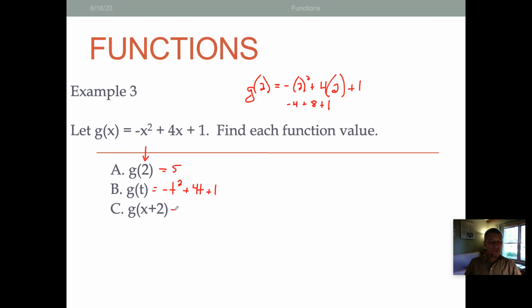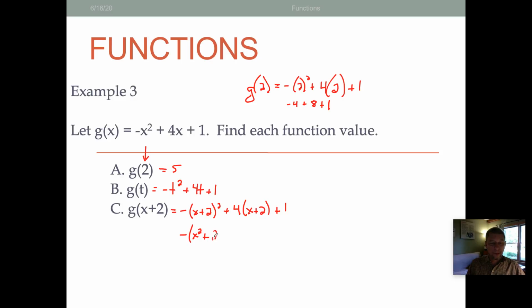And the same thing is true for g of the quantity x plus 2. This becomes negative x plus 2 quantity squared plus 4 times x plus 2 plus 1. Now, what we have to do first here is take this quantity, and x plus 2 times x plus 2 is x squared plus, and then we're going to do the FOIL, first, outer, inner, last.